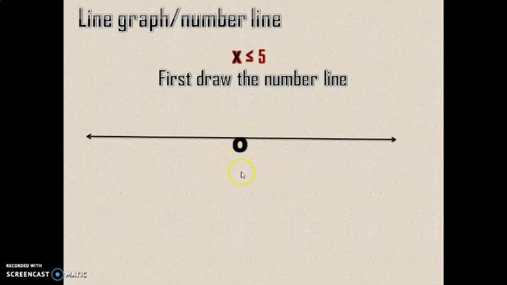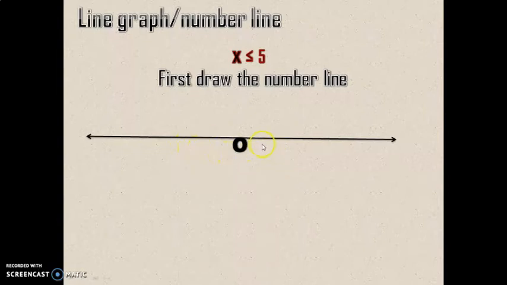After that, the next thing is to number from 0 towards the left hand side, and number from 0 towards the right hand side. From 0 towards the left hand side, they are negative numbers, and from 0 towards the right hand side, they are positive numbers. So from here you have minus 1, minus 2, minus 3, minus 4, and so on and so forth.